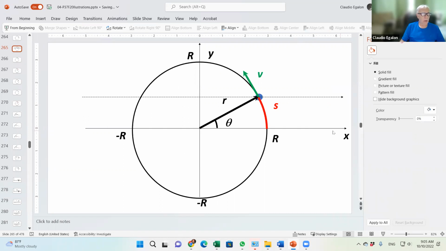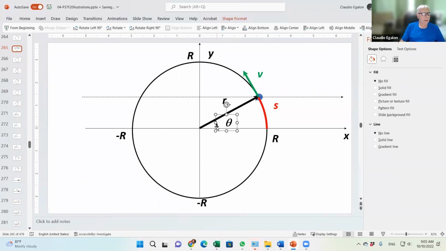If this angle is theta, because this line is parallel to this other line here, it means that this angle also is going to be theta, right?